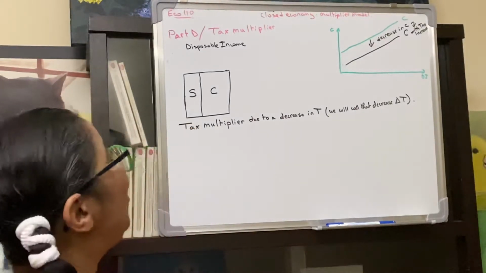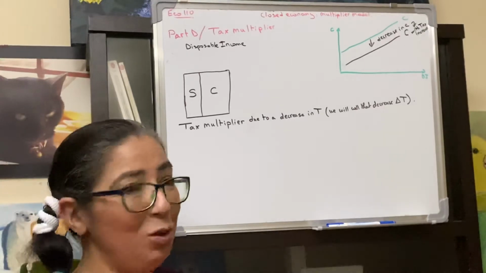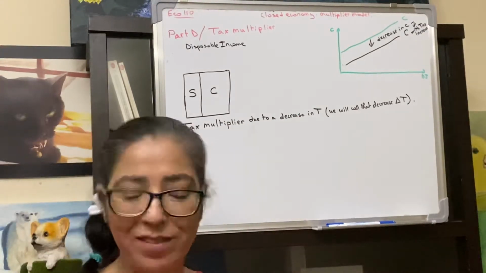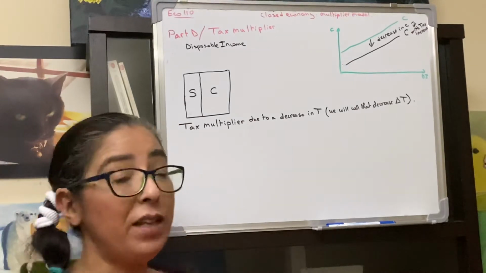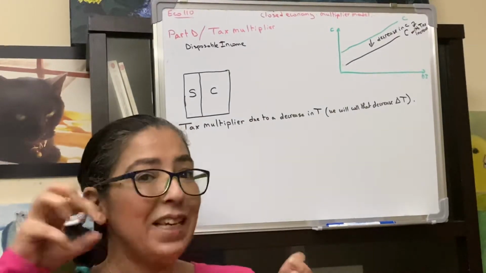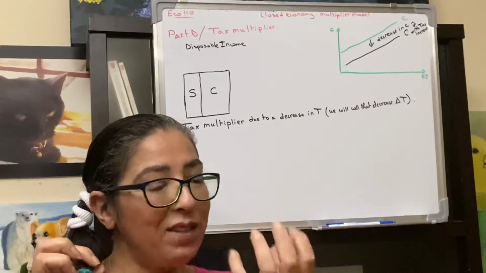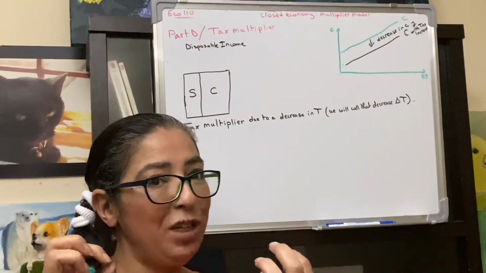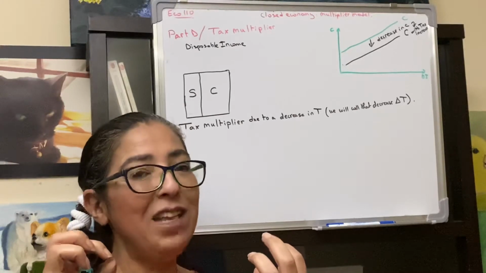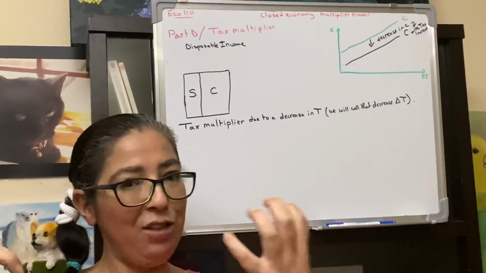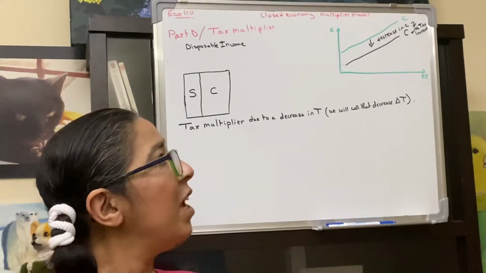Okay, so today we're gonna study, as I told you before, the tax multiplier. Let's start. You already know that the tax is gonna be taken from your income, so it's gonna decrease your disposable income. So you take the income, you take off the tax, and you have the disposable income.